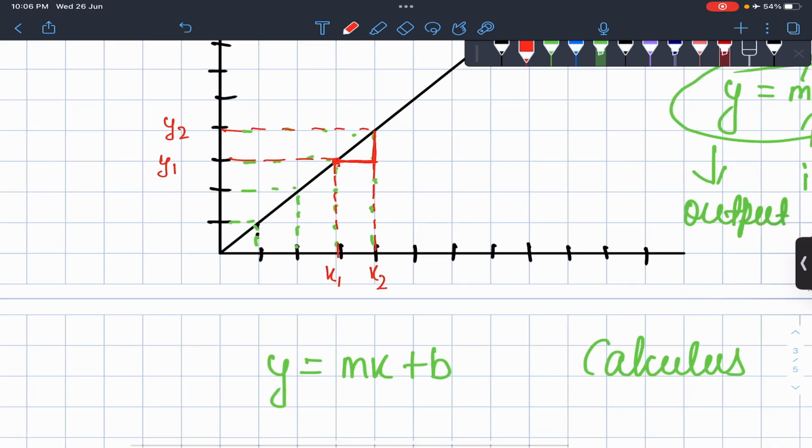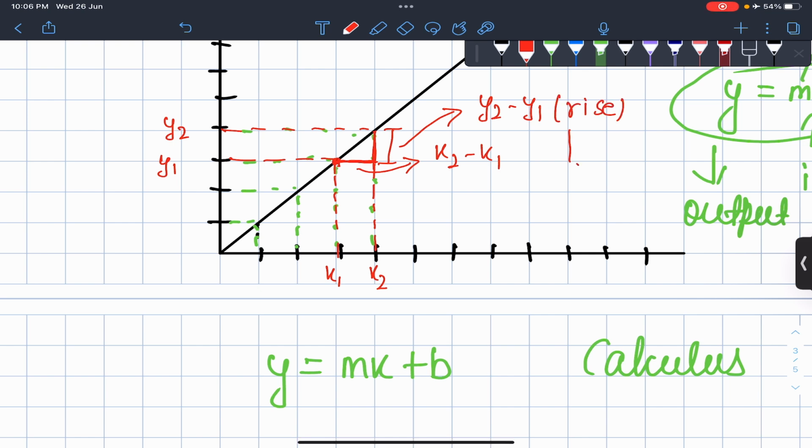Now what is this distance if I ask you? It is nothing but x2 minus x1. What is this distance? It is y2 minus y1. And this is rise. How much did we rise? And this is run.